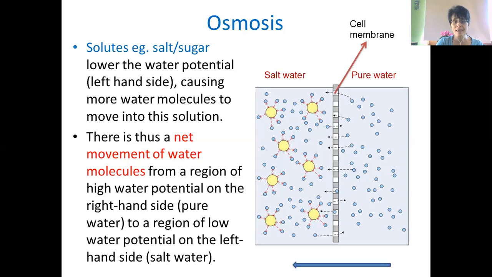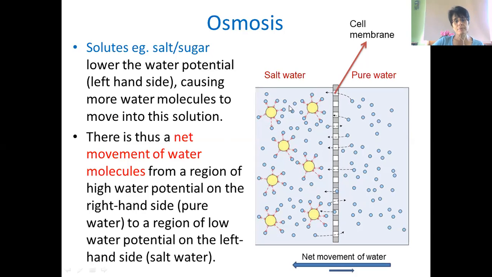But if you look carefully, you will see that more of the arrows, 1, 2, 3, 4, 5, 6, more of the arrows are facing towards the left. So more water molecules are moving to the salt water solution, and only a couple of them have moved into the pure water solution. So we talk about a net water movement.